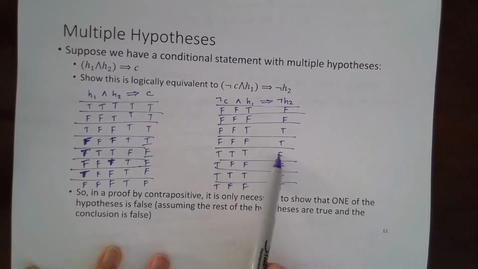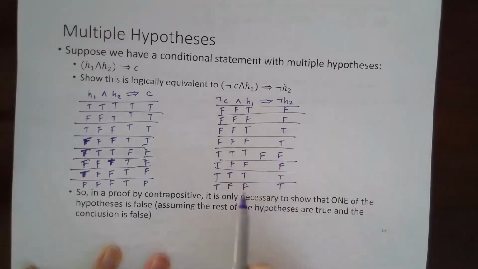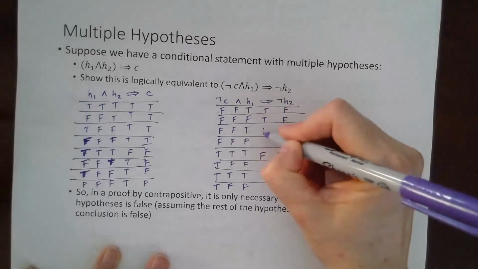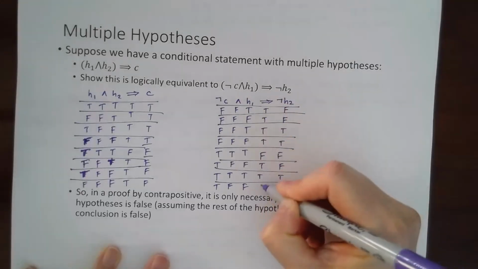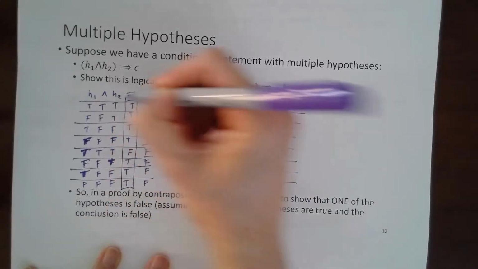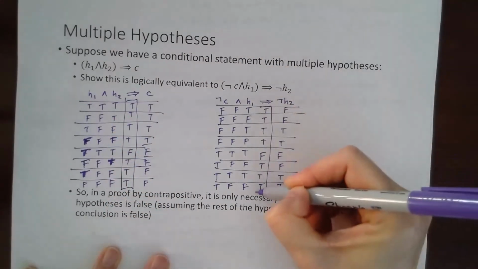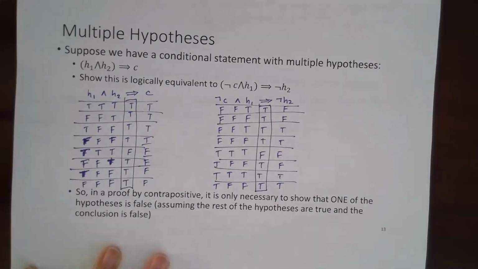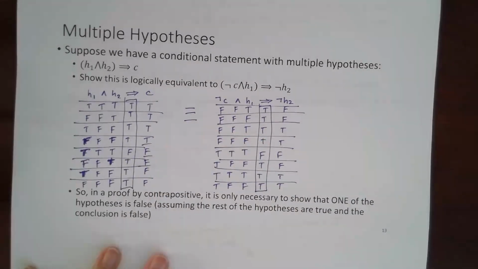So here's a true implies false. This one is a true implies true. Everything else has a false hypothesis, so everything else here is true. Okay. So we should be comparing these two, and sure enough, they are logically equivalent. Exactly the same.